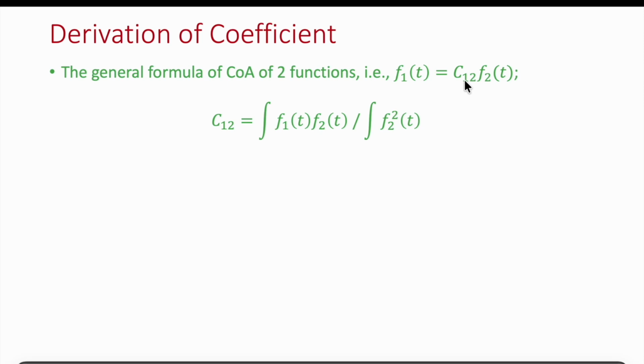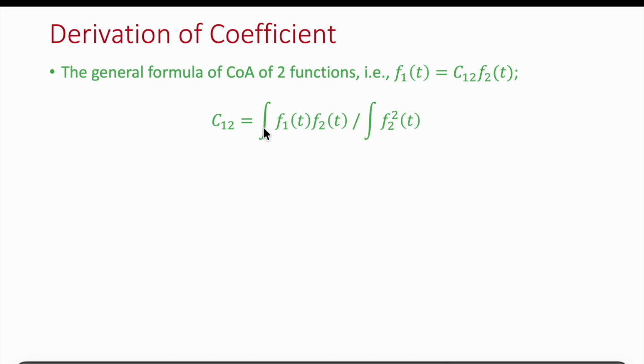So let's suppose we have two functions, f of 1 and f of 2, related by the coefficient of approximation c1 of 2, and the general formula to calculate it is given by this equation. So c1 of 2 is the integral of the product of the two functions divided by the integral of the square of the second function.